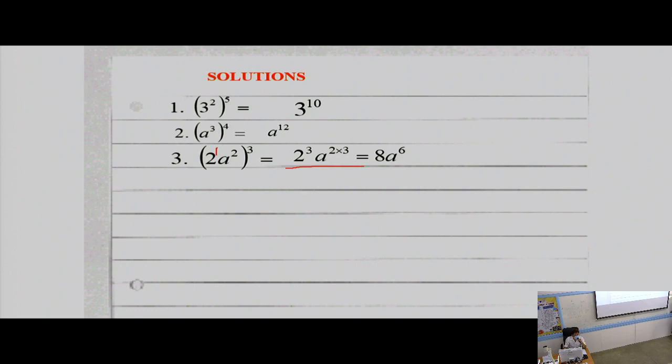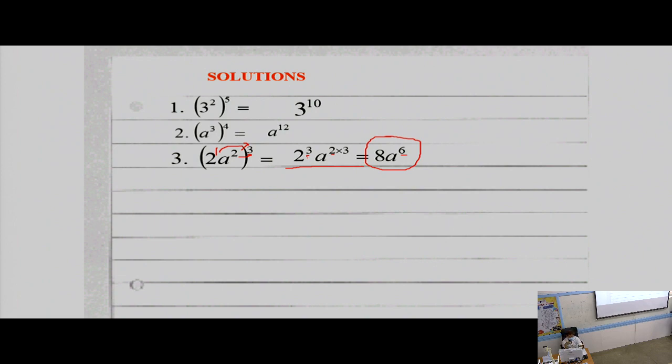And 2 to the power of 1 to the power of 3 is 1 times 3, which is 3. And for this one, 8 to the power of 2 to the power of 3, that is 8 to the power of 2 times 3, which is 6. And so 2 to the power of 3 is 2 times 2 times 2, which is equal to 8.